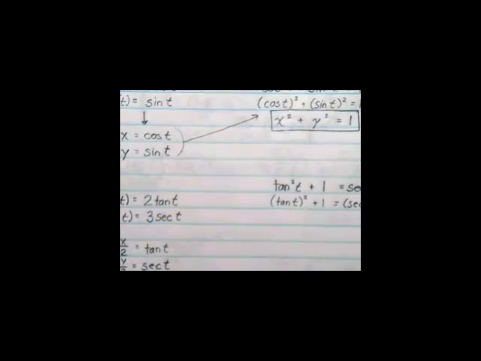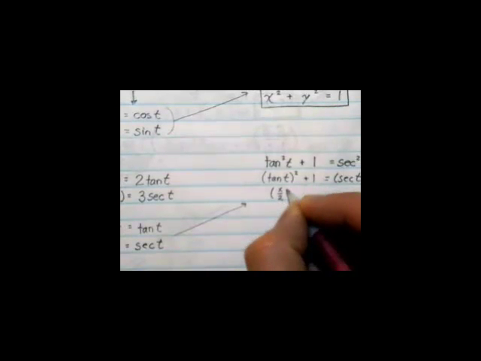But as soon as you've done that, you're ready to roll again. And now we're plugging in these fractions instead of just x and y by themselves. So again, I'm going to take them, dump them in. So instead of tangent, I'm going to make it x over 2 squared plus 1 equals, my secant is y over 3 squared.